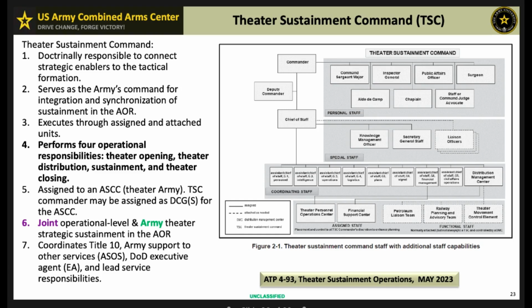The TSC is assigned to an Army Service Component Command, ASCC, often designated as a theater army. In some cases, the TSC commander may also serve as the Deputy Commanding General for Sustainment, DCGS, within the ASCC.